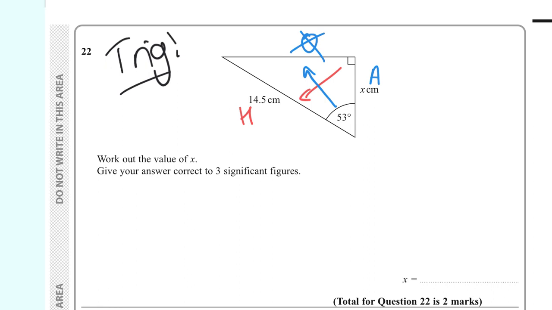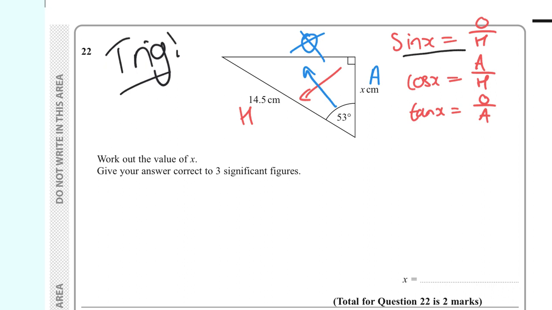Okay, if you remember, sin X equals O over H, cos X equals A over H, and tan X equals O over A. So which one of those has A and H? Have a little look. This one. Okay, cos.